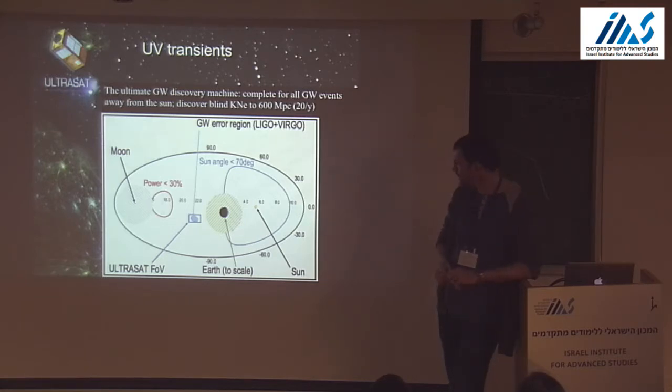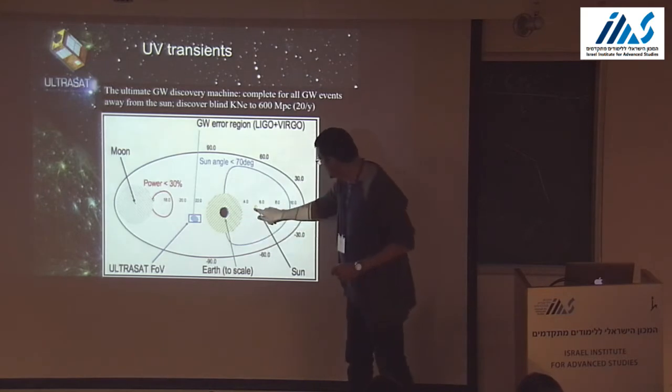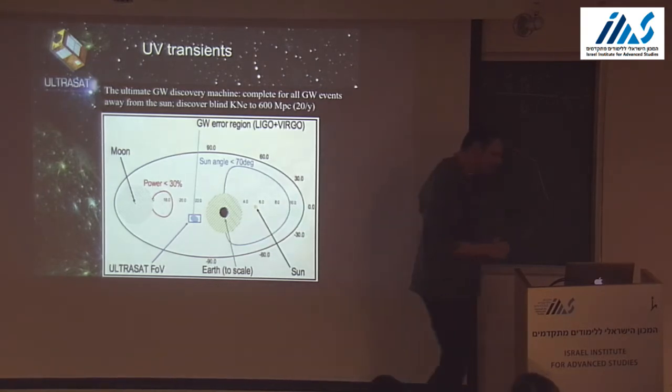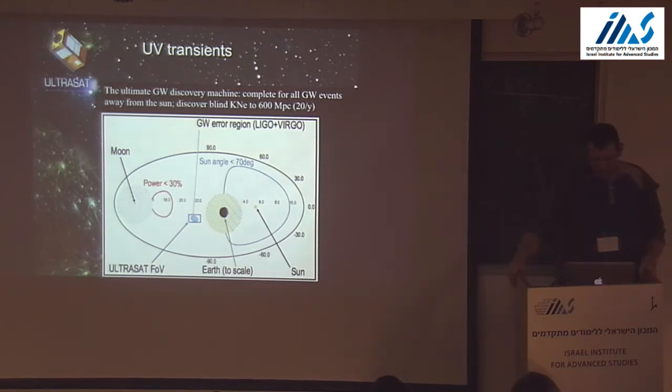And this is true for about 50% of the sky, a bit more. We cannot observe toward the sun. Most other people can't observe toward the sun either. So this is this exclusion area where the sun is. But the rest of the sky we can point to. This is actually quite fantastic.